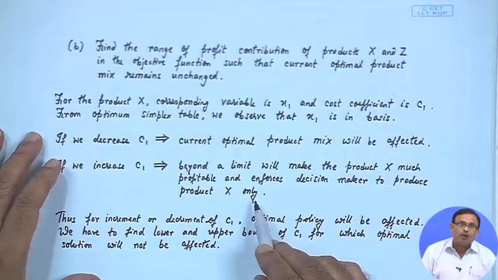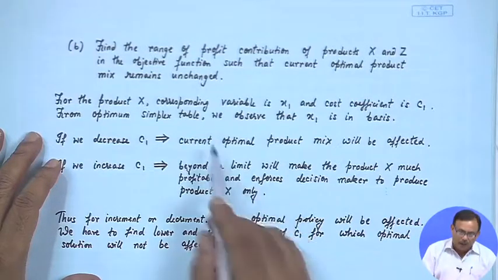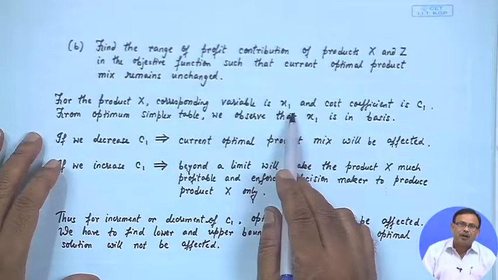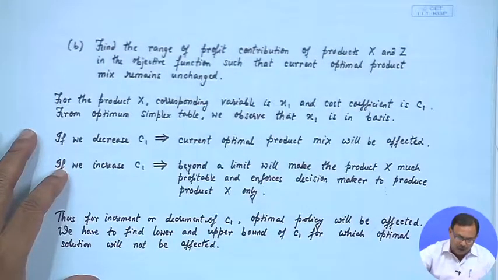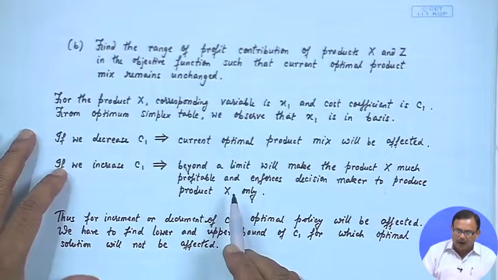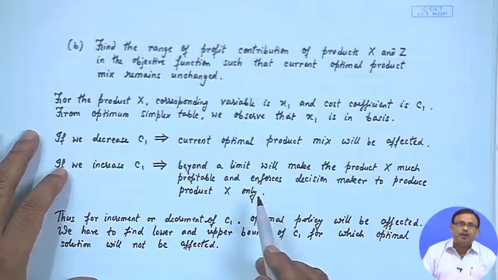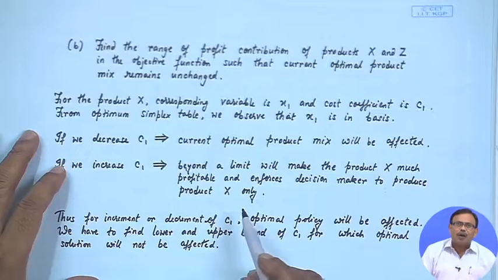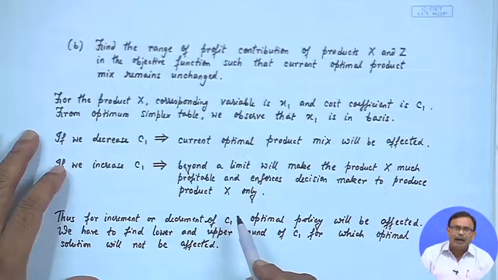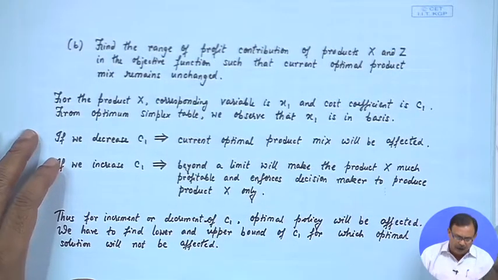So, please note this one, for the product X, corresponding variable is X1 and it is lying in the optimal solution, in the basis it is present. Therefore, if we decrease the value of C1, then the current product mix or the basis will be affected, whereas if we increase C1, in that case it will be much profitable and it will enforce the decision maker to produce maybe X only.